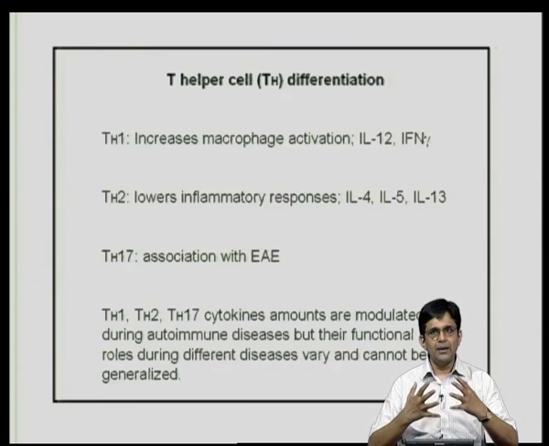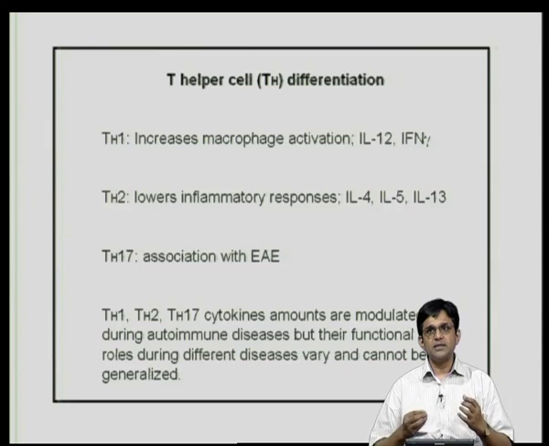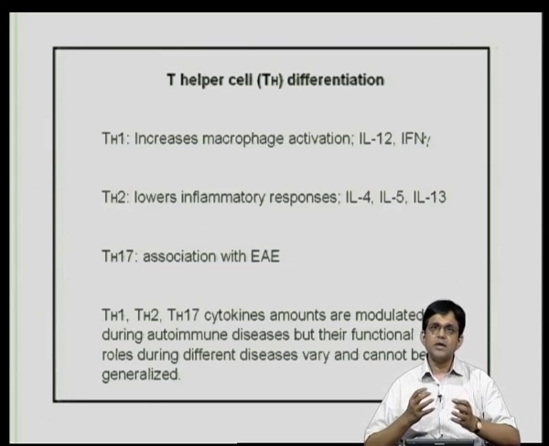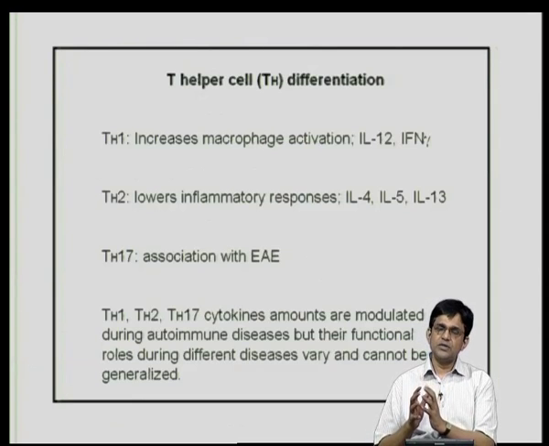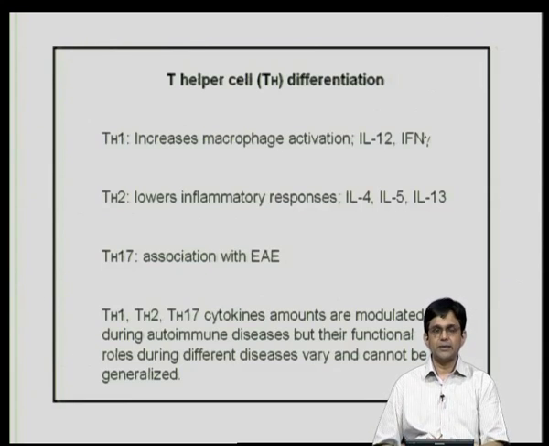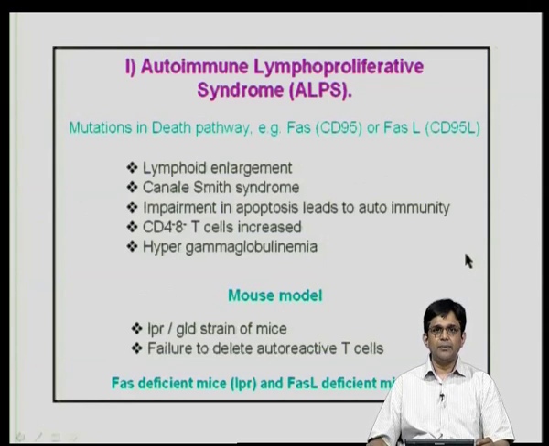While clearly cytokines are modulated in different autoimmune diseases, the functional roles vary. So, one has to look at each autoimmune disease and try to determine what is playing a functional role in these scenarios. In the case of Th17, there is an association with experimental autoimmune encephalitis, and that is something we will study a little later.